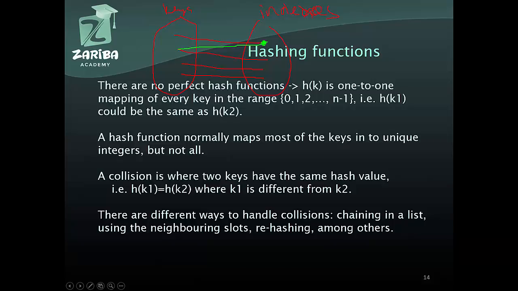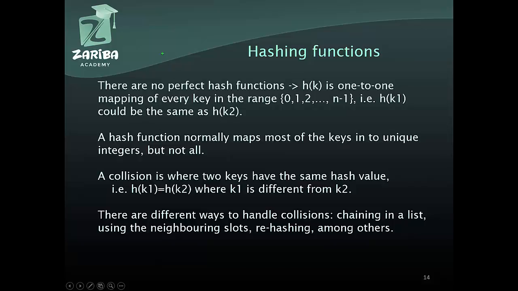Okay, and depending on how good your function is, you can limit those or make those a minimum, right? If you have a really good function that does this, most of the keys will be mapped to a different index, but not always. So there will be some cases in which you have different keys mapping to the same index.